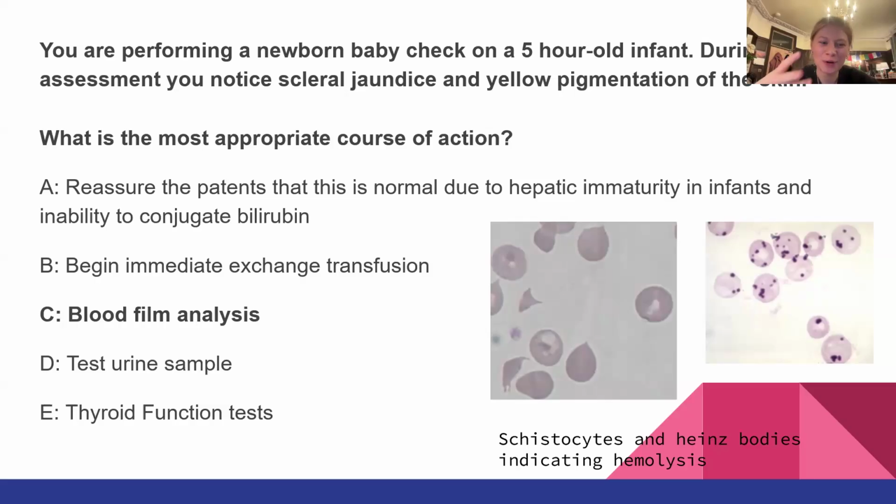In this case, we want to do a blood film to look for any red cell abnormalities. You can see schistocytes on the left and Heinz bodies, which indicate hemolysis. So hopefully that all makes sense.